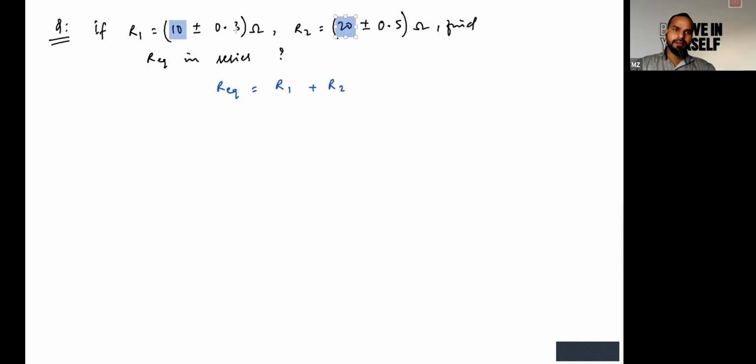Similarly, we have 0.3 as error part of R1 and 0.5 as error part of R2. So according to the rule, true part would add with true part, so it will become 10 plus 20 in the first part, plus minus error with error, so it will be 0.3 plus 0.5. So on combining, you will get 30 plus minus 0.8. Good, Ellen.